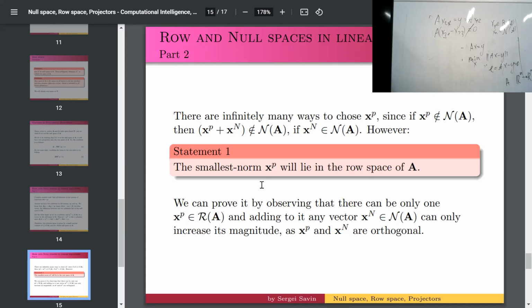Because if the null space wasn't trivial, you could add to this solution any element from the null space and you would obtain a different solution. But if the null space is trivial, it means that the matrix is invertible. I'm not sure if we proved so far that a matrix would be invertible if the null space is trivial.